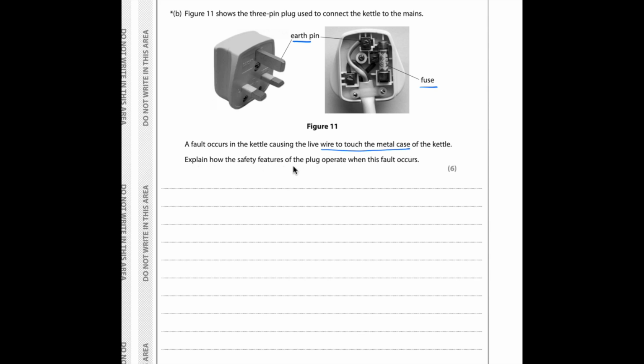Explain how the safety features of the plug operate when this fault occurs. Right, that's exactly what the earth pin's about. If the live wire becomes loose and touches the metal casing, and you touch it, it'll cause a shock. So the earth works with the fuse in order to turn off the current. I'll show you what I mean.